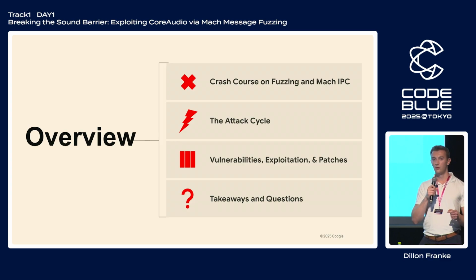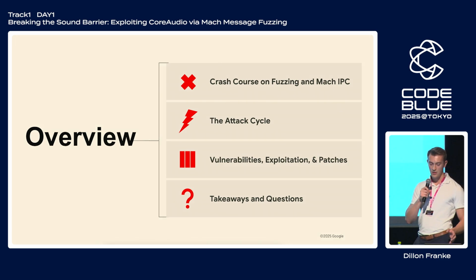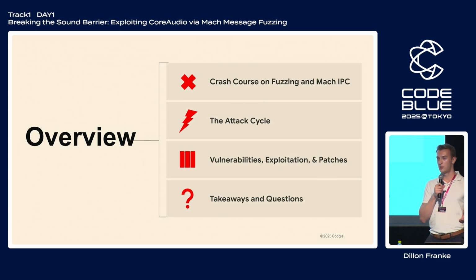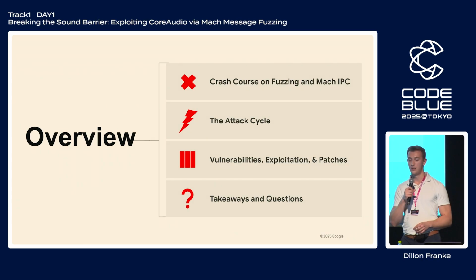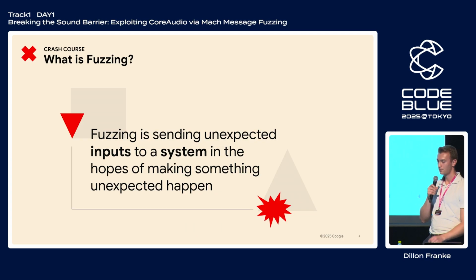And then finally, we'll leave some time for a couple of takeaways and hopefully some questions that you all have. So I hope this is going to be an inspiration for those who are interested in the space, as well as useful technical content for those well-versed in Mac OS research already.